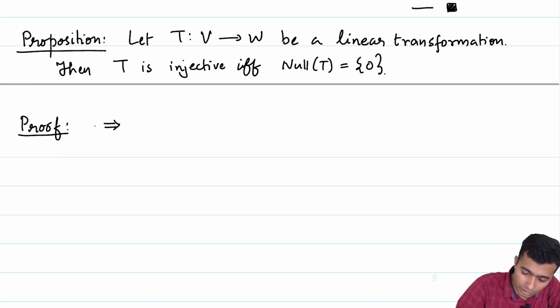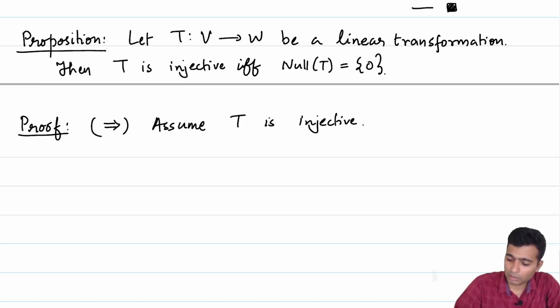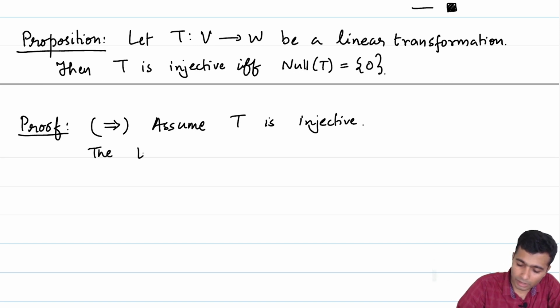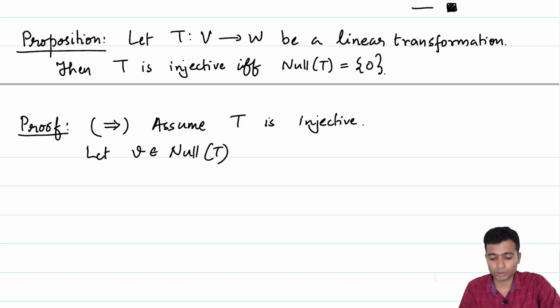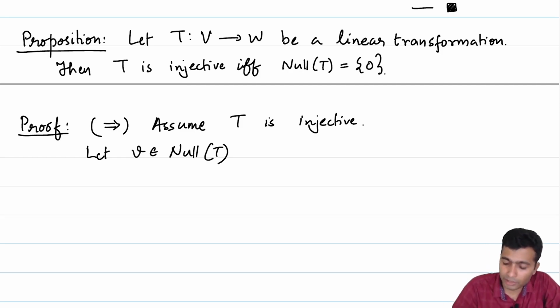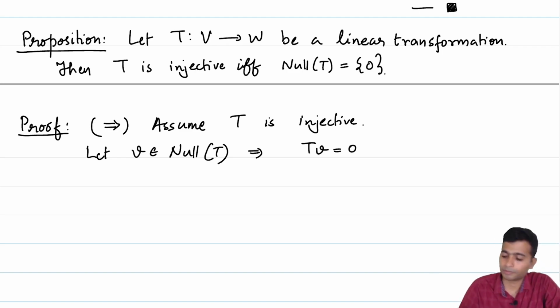In this direction, we will assume that T is injective. Then, let V be an element in the null space of T. We will show that V is necessarily equal to the 0 vector. What is the meaning of V being in the null space of T? This means that TV is equal to 0.